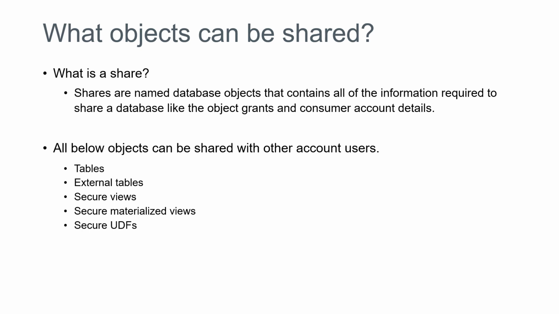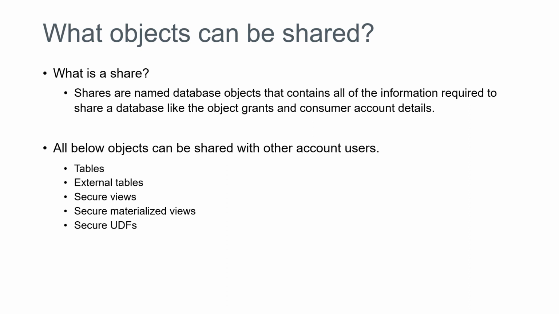Don't get confused, okay? I have a share, and now I can add multiple consumers to that share. Suppose I have data and some 4 or 5 consumers, and I want to share the same data with all of them. We don't need to create 4 or 5 share objects. We can use a single share object and add all the consumer account details to it.